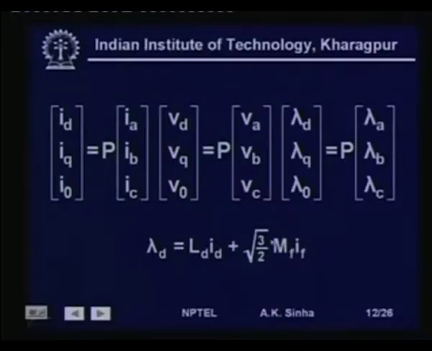MF is the mutual inductance between the field winding, that is the rotor, and the direct axis fictitious coil.